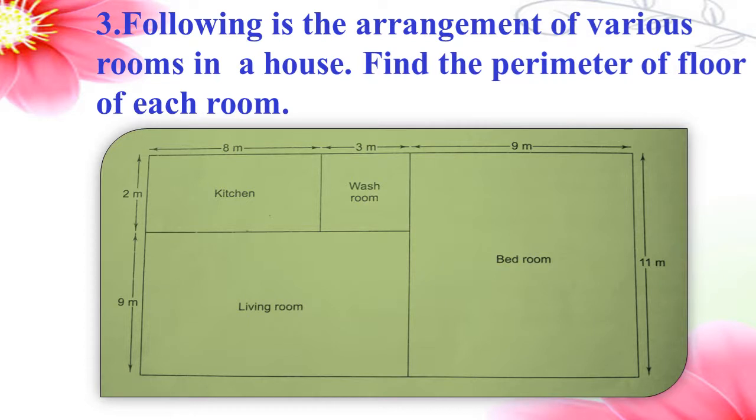Next, the third problem. Following is the arrangement of various rooms in a house. Find the perimeter of floor of each room. So, here now we want to find the perimeter of kitchen, washroom, living room and bedroom. Let us find the perimeter.